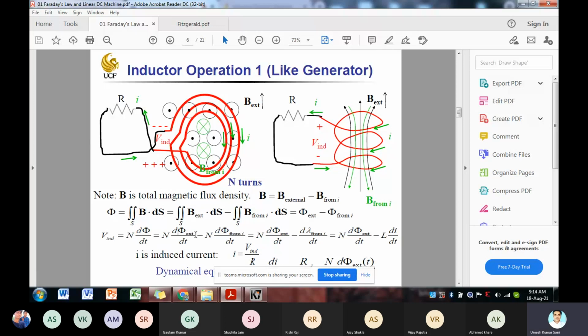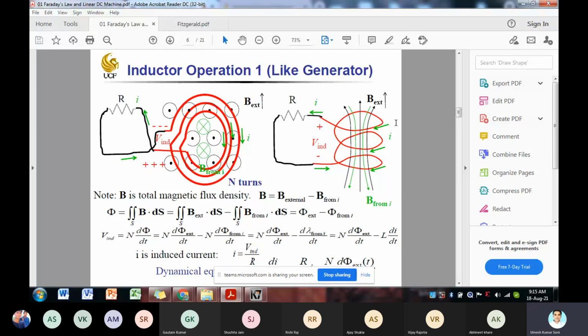Okay, so here N phi from I is actually the total flux linkage. Okay, N phi from I represents the lambda from I. This represents the total flux linkage of the coil. Suppose whatever the flux, due to external or internal, this flux links to the same winding.